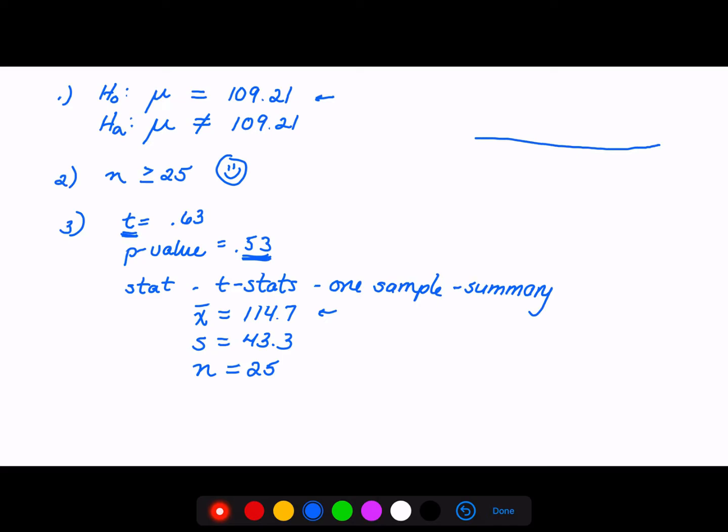And remember, there's a cutoff called our significance level, and a traditional significance level is 0.05. If our p-value is very low, meaning it's a surprising sample, we would reject our null hypothesis. But in this case, we have 0.53, which is definitely in our don't reject region.